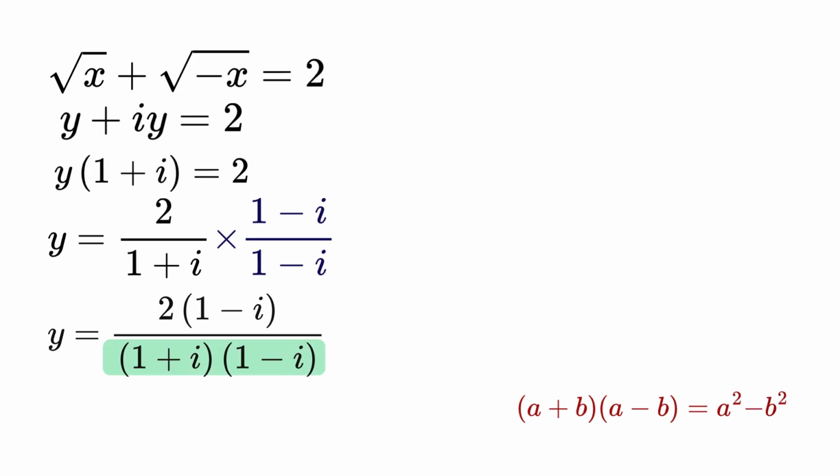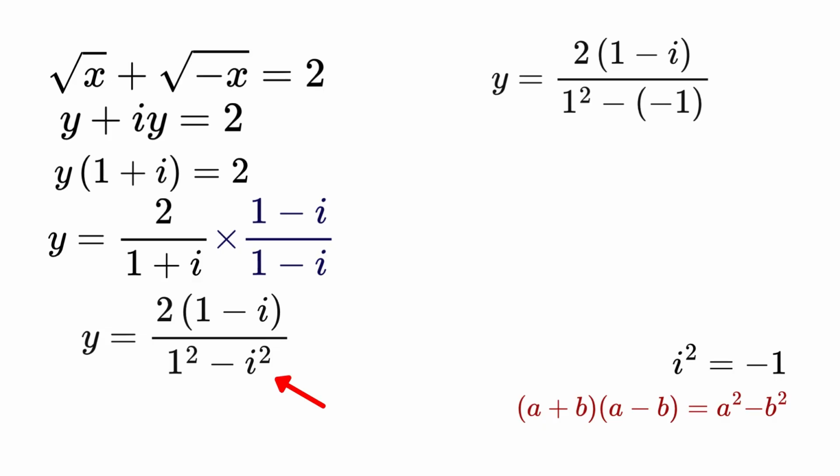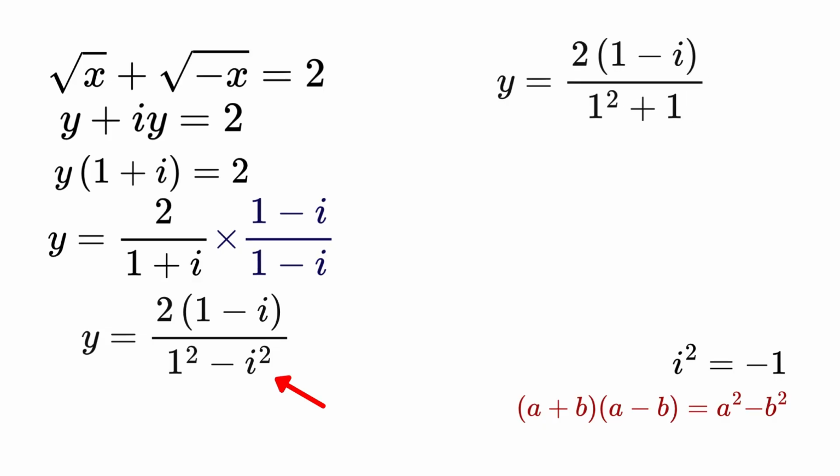It is (1 plus iota) times (1 minus iota). It equals 1 squared minus iota squared. But we know that iota squared equals minus 1. So it becomes 1 minus minus 1. It equals 1, and minus minus becomes plus 1. And 1 plus 1 equals 2. So the denominator becomes 2.